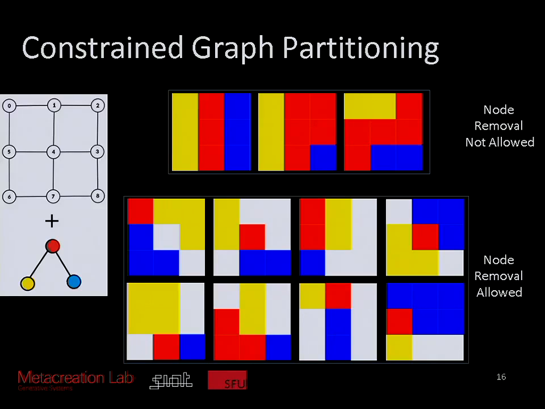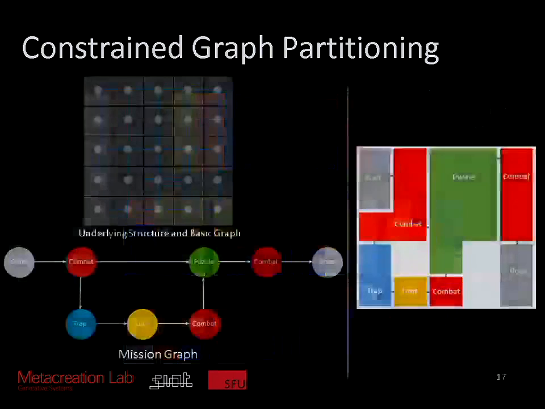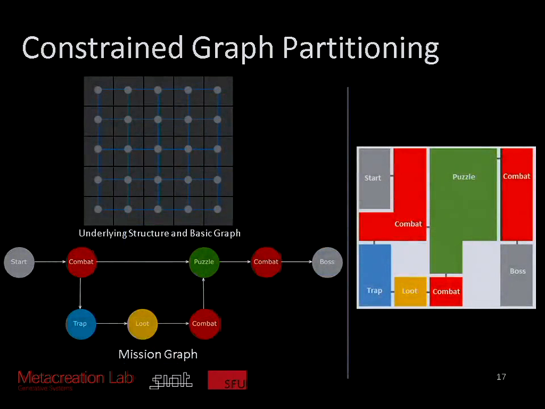So node removal allows for larger variations, but it also allows us to work with mission graphs that have cycles in them. So for example, I'm now using a large underlying structure and a different mission graph, and this cycle in here can be seen on the right, and the node removal, the white spot in there, allowed us to create this cycle basically.